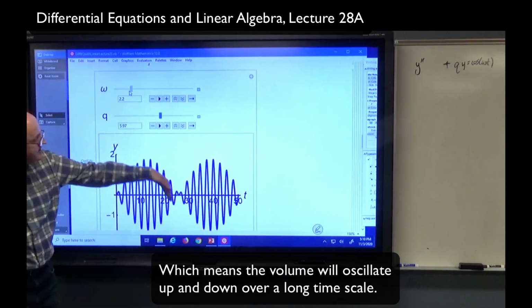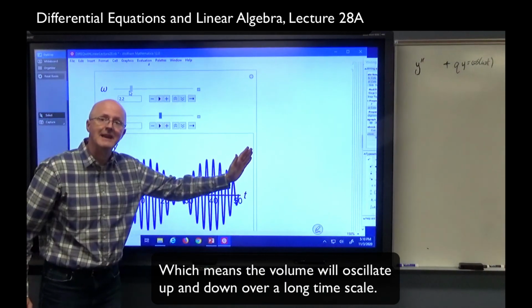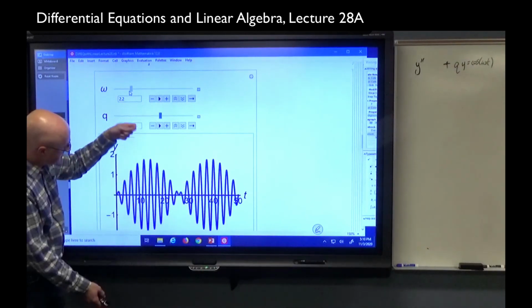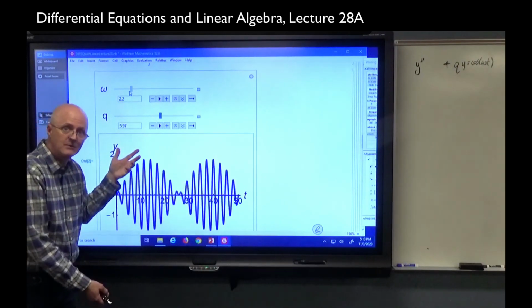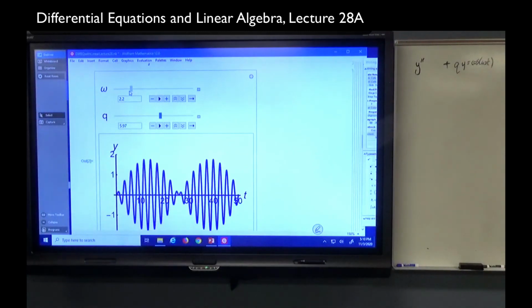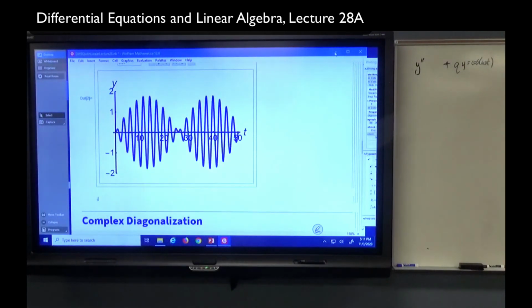This slow time scale that you see in there is what's called beating. It's the beating phenomenon. When the oscillation is very large in amplitude, that's a loud sound, and when it's very low, it's a very low sound. We want to try to understand this beating phenomenon now.